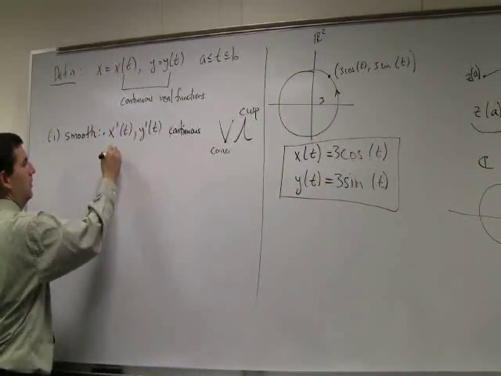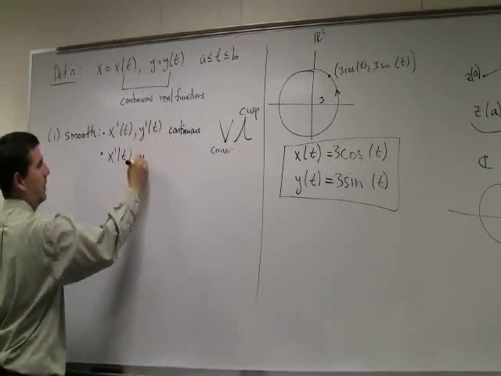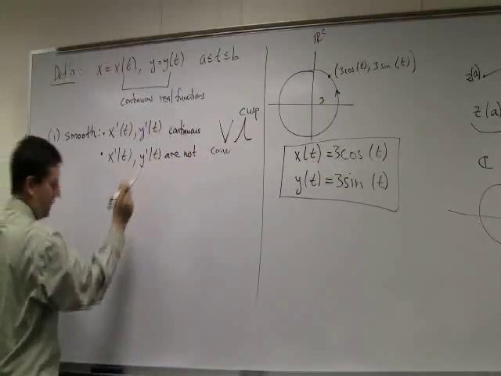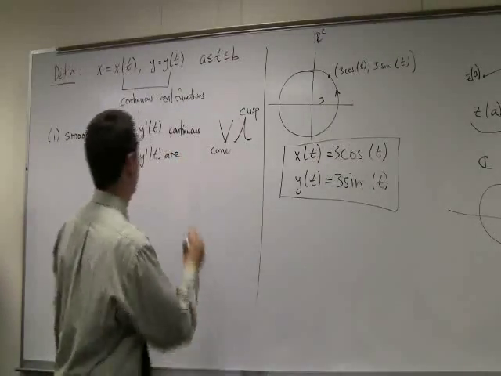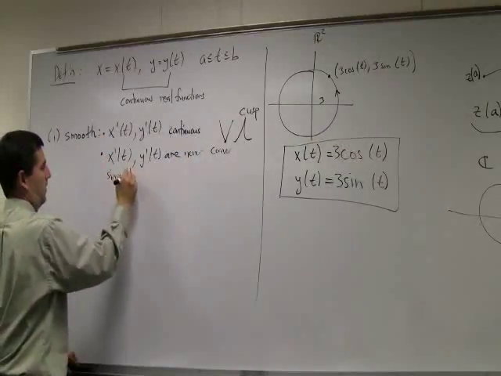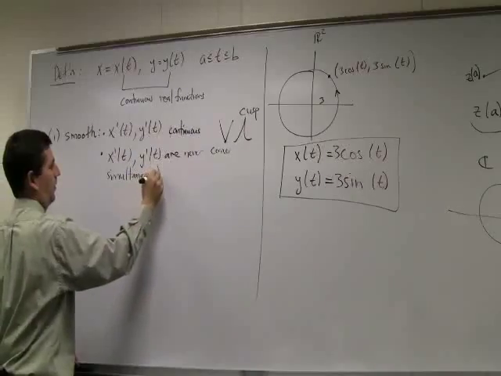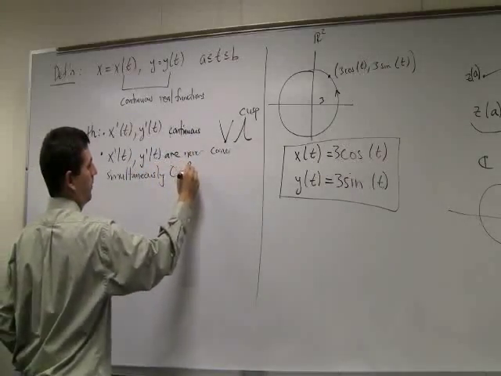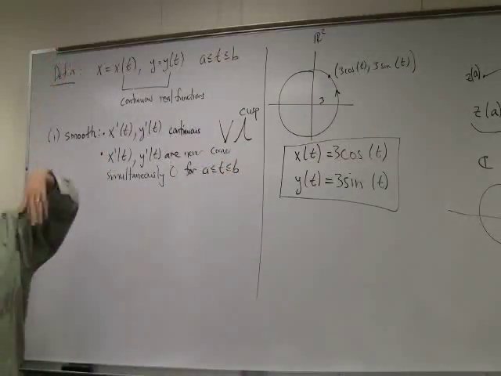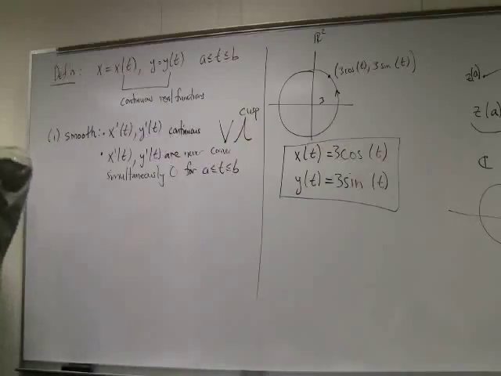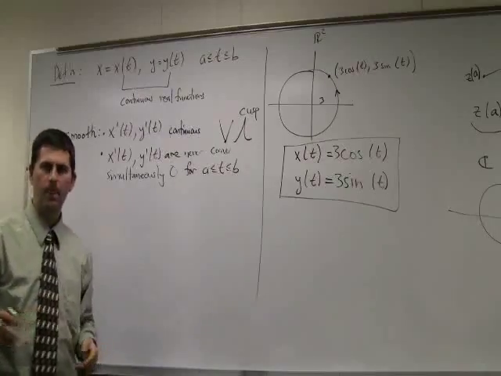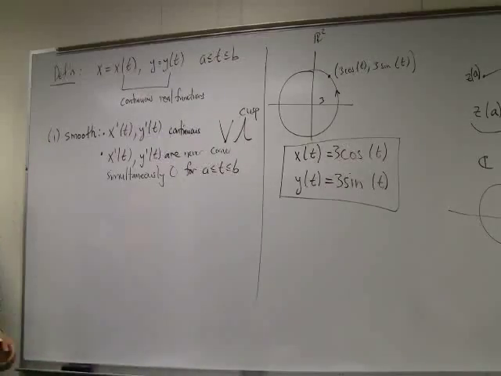So x prime of t and y prime of t are never simultaneously 0 for t between a and b. Now it could be the case that the y coordinate isn't changing, and you're just going like this, or that the x coordinate isn't changing. That's fine.